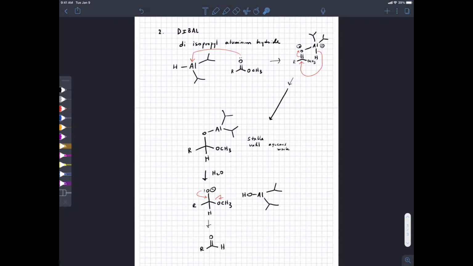So after we've added one equivalent of hydride, we never regenerate the carbonyl of the aldehyde until after the reaction's done and we've quenched the reagent. So it's kind of a cute little trick. And either of these methods you can use to take either esters or acid chlorides and stop at the aldehyde. Okay, questions so far?